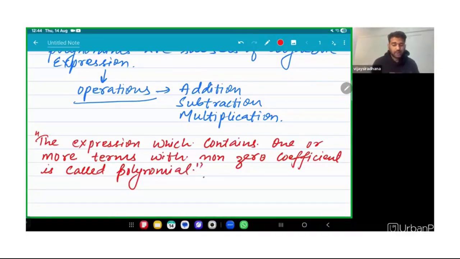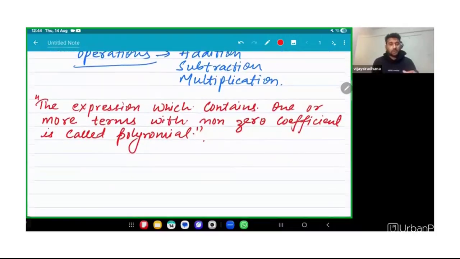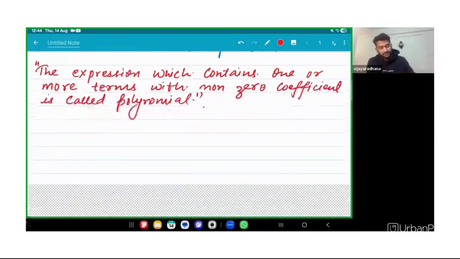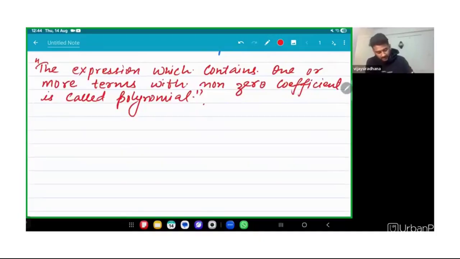Now, the question comes, what is there inside the polynomial? So student, if I give you one example, an equation 2x square minus 3x plus 7, this is a polynomial.